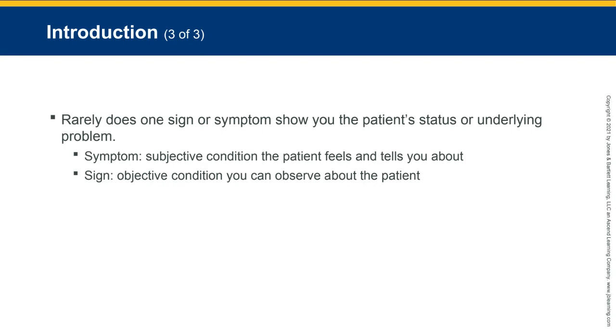So a symptom is based on what the patient tells you. A sign is based on your observation. So a symptom is what the patient complains of. A sign is based on your observation, so it's what you can see, what you can smell, what you can hear, and what can be measured.